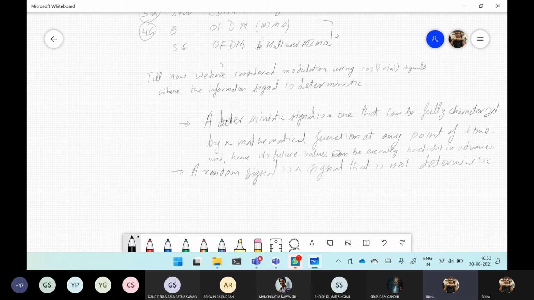So the point is that you are interested in things, or things contain information, only when they are random. Information is a function of randomness, more or less. Maybe in the second half of this course, we will define what information is and study its dependence on randomness.